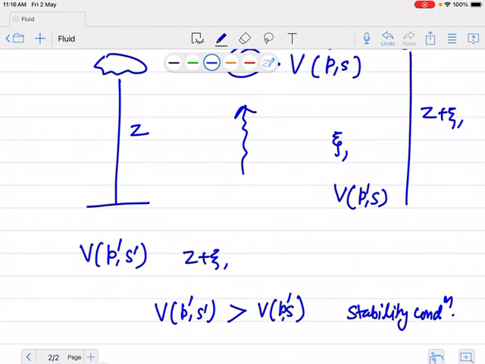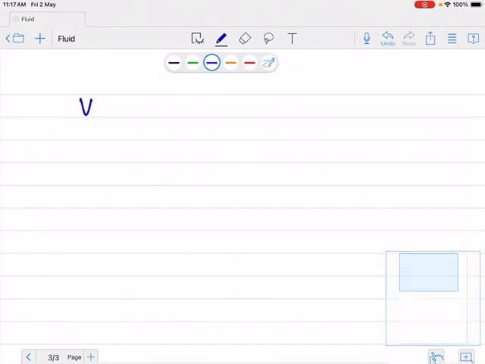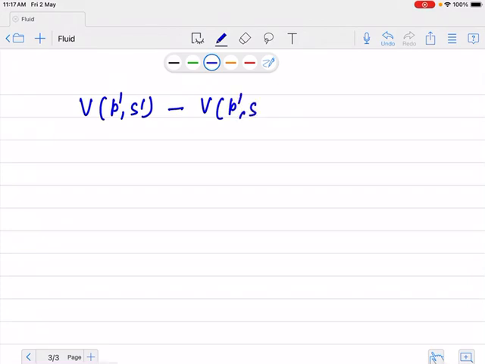We can expand this difference in terms of powers of the difference S' minus S, which is nothing but zeta dS over dz.